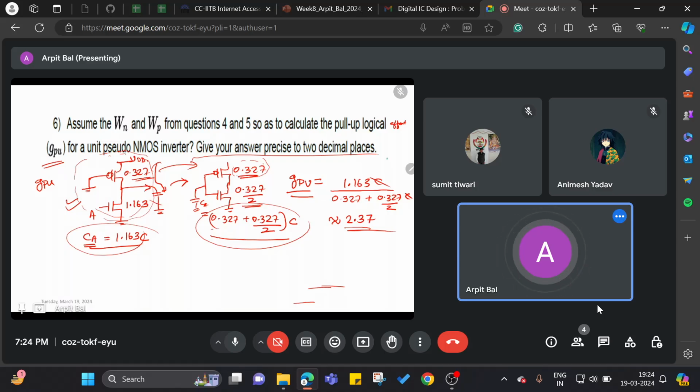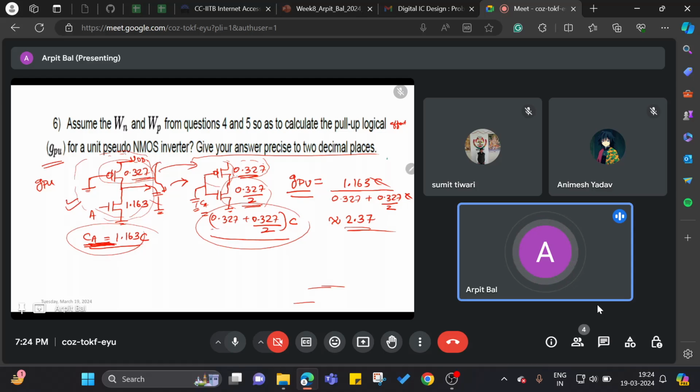For pull-up, we just need to copy the PMOS that is present in the pull-up network, and for getting the NMOS value, you just divide the width of PMOS by 2. Then you figure out the CA value in the design under test.